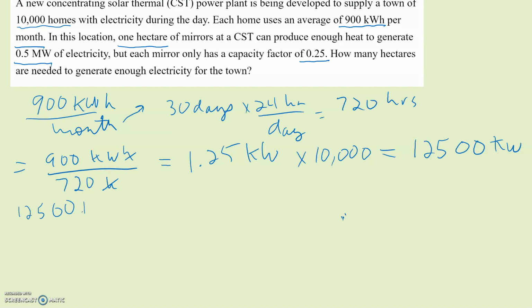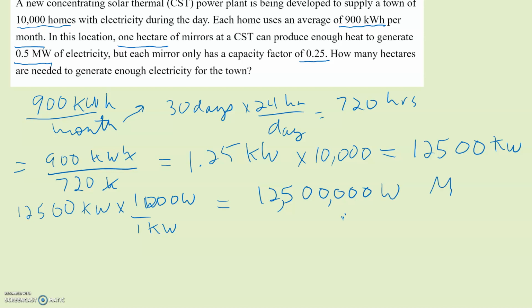So 12,500 kilowatts times 1,000 watts, pardon me, per kilowatt equals 12,500,000 watts.